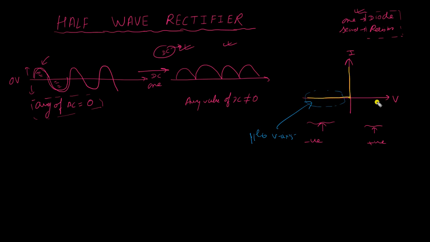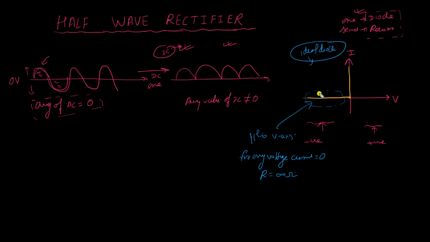Here we can see that for any voltage, current is 0. We are applying any amount of voltage, but current is always 0. That's why we can say the resistance here is infinite ohm. This is the graph of an ideal diode, not the practical one.